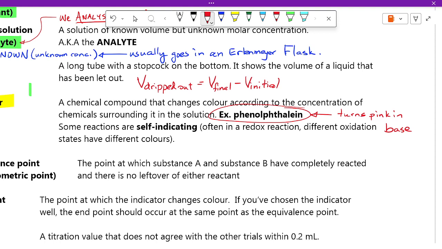Because you haven't added that much base. And you keep adding base until all the acid is used up. At that point, because you're going slowly, you have exactly the right amount of acid to react with exactly the moles of base. Yes? That is what we call our equivalence point.